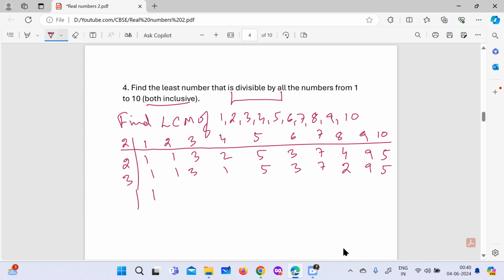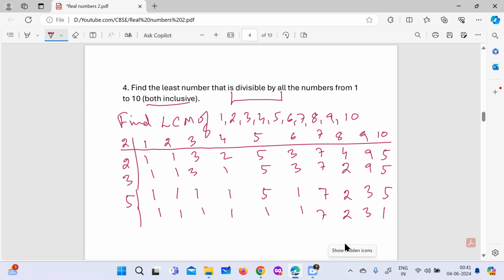So we have 1 here, 1 here, this becomes 1, 5 comes down, 7 comes down, 3 we will get here. Now we cannot do with 3 as well, so let's take 5 now.